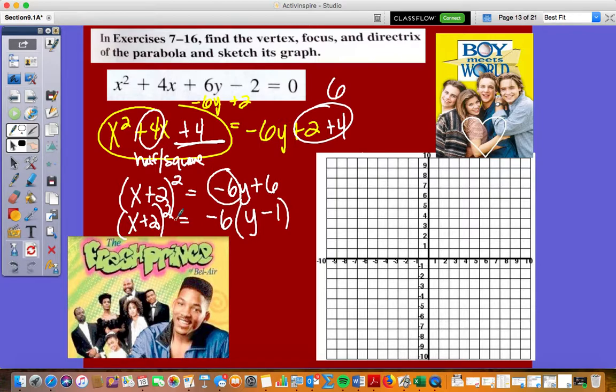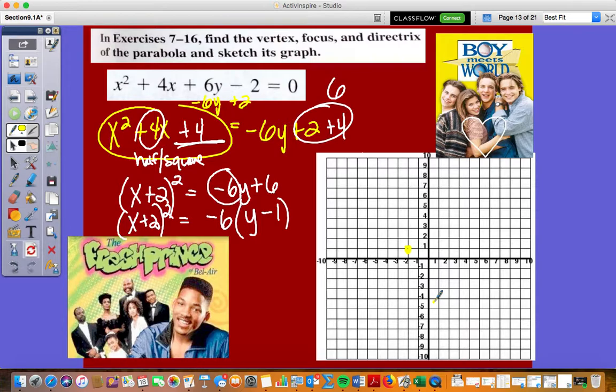Now, as I go after, what would be my vertex, Olivia? Good, yeah, so we go negative 2, 1. What would I do to get the p-value, Christine? What do you think? Yeah, that's it.